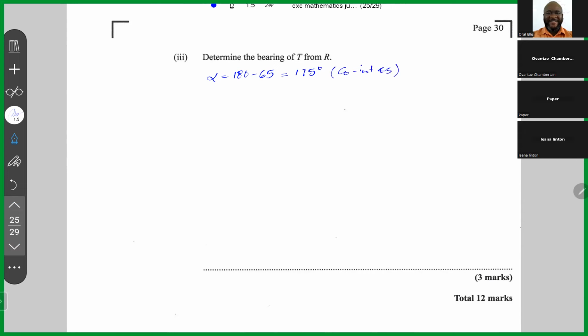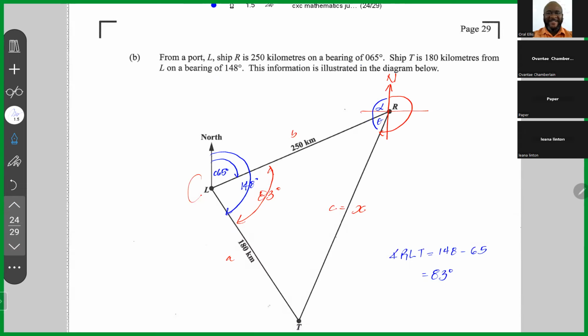And let's find theta. To find theta, we're going to have to use the sine rule.